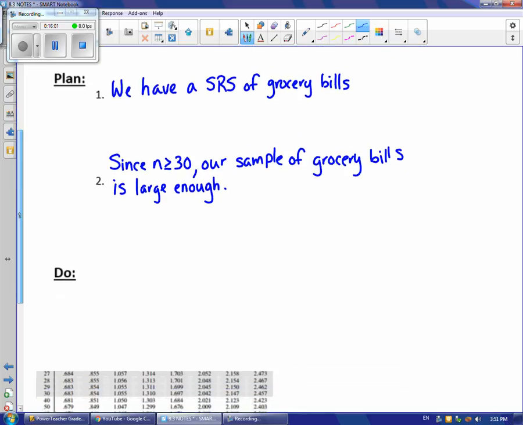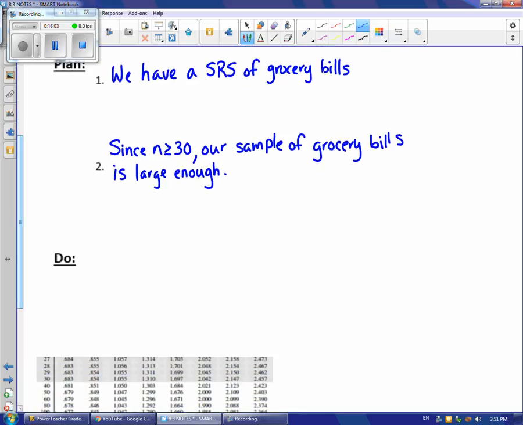Okay, since all of our conditions are met, we can apply the t-distribution and construct a 95% confidence interval for a one sample mean.